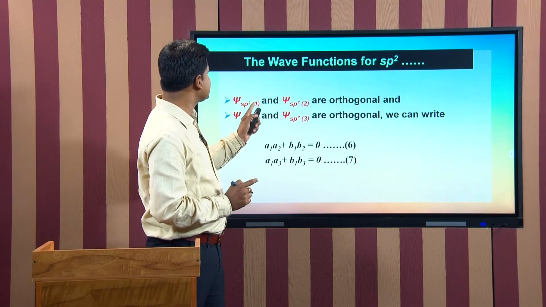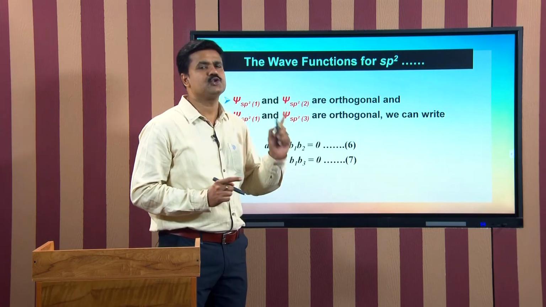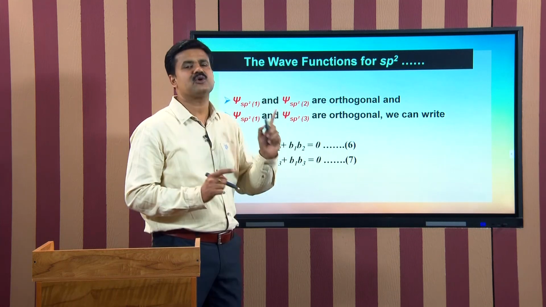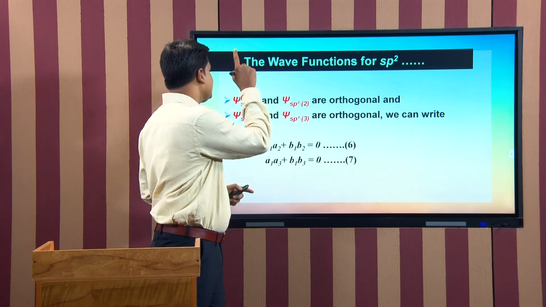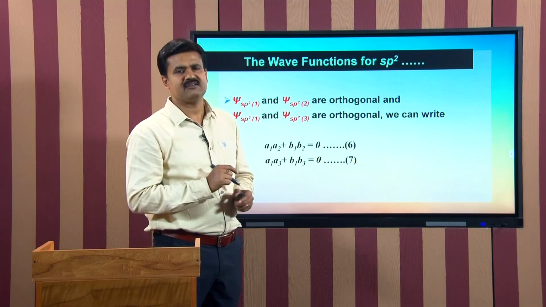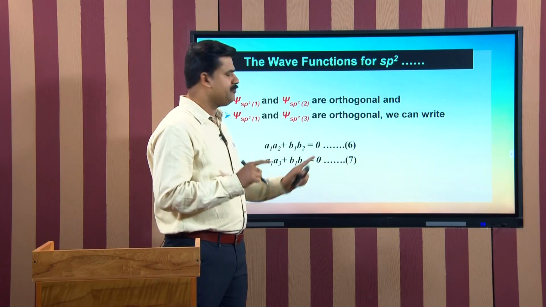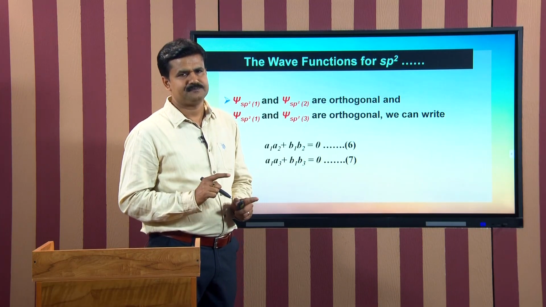Taking the first and second, we get a1 a2 plus b1 b2 is equal to 0. Similarly, taking the first and third hybrid orbital wave functions, we can write a1 a3 plus b1 b3 equal to 0.